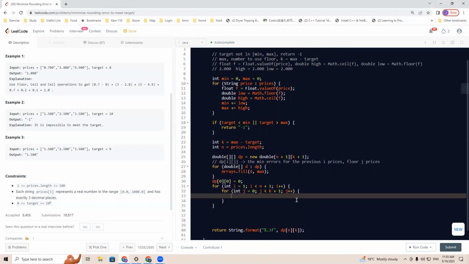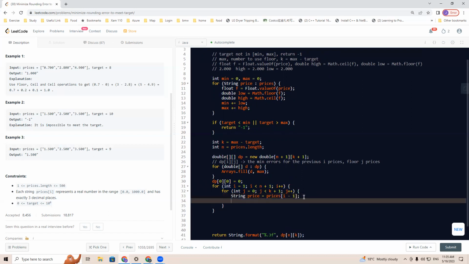And we know for this price, it will be price i minus 1 because we have an actual index.